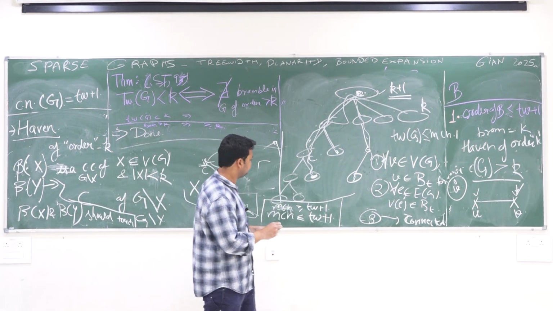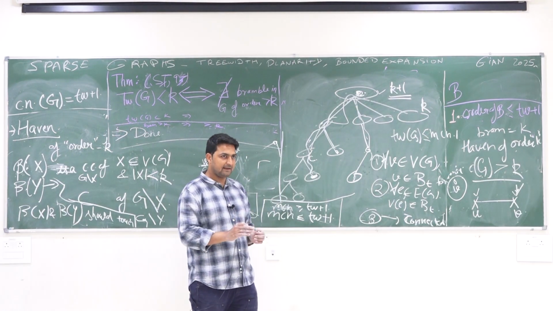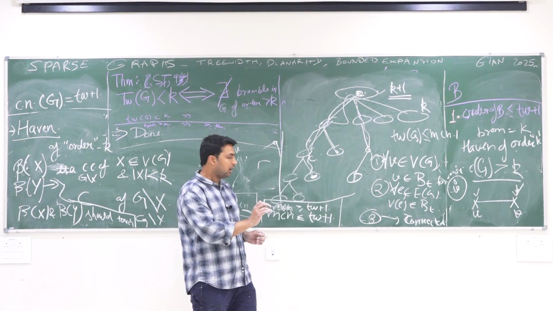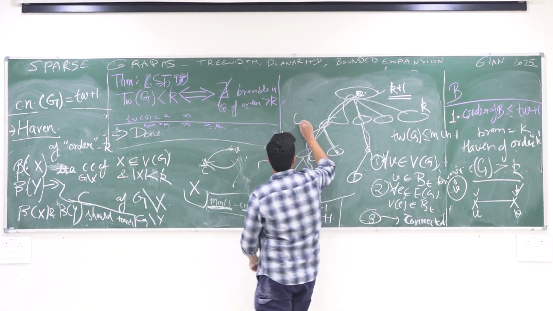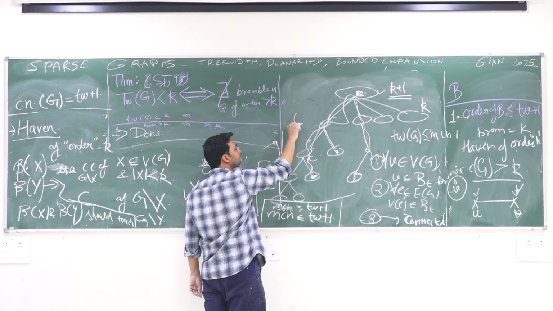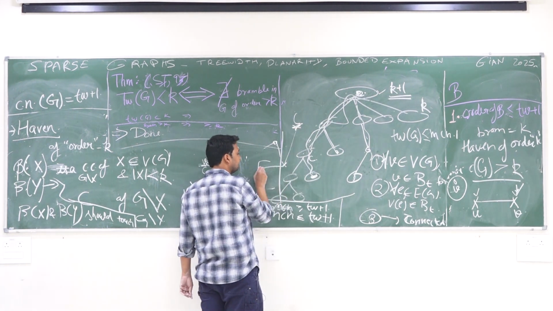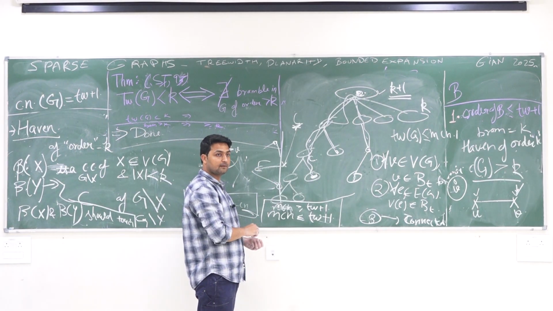Okay. Now, what I want is that if I am present at a particular vertex, I should be present at it continuously, and then I move out. If I move out, I cannot come back.